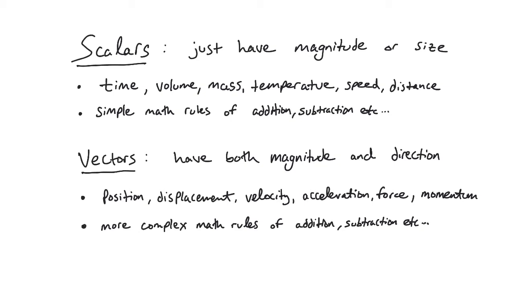They have precise meanings in physics that we're going to be building up, and all of these quantities are vector quantities. They have direction associated with them. And because they have that extra bit called direction, that makes them a little bit more complex mathematically. We have to develop new mathematical rules to add, subtract, multiply, etc. these things called vectors. And we're going to build that up here for just one-dimensional vectors today.